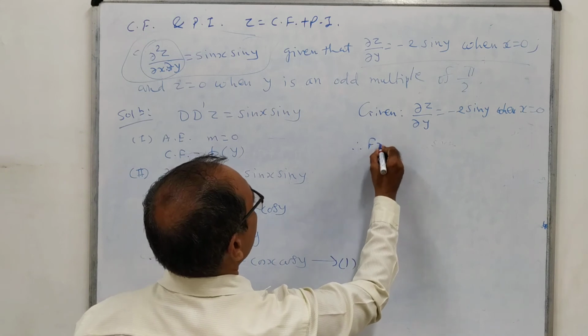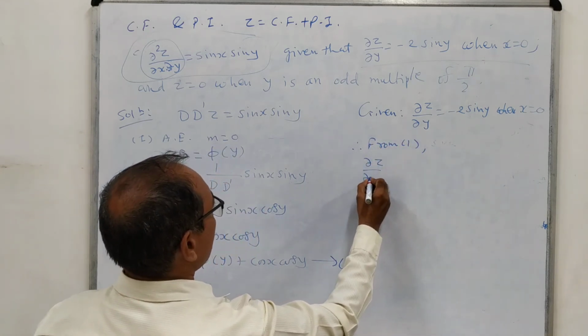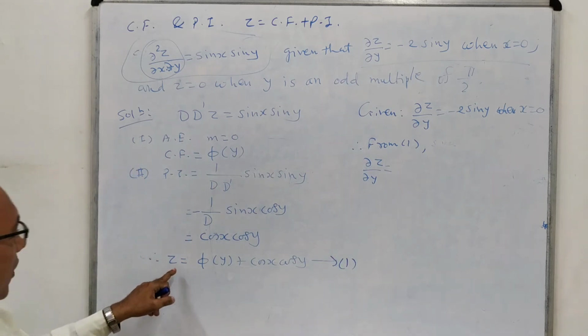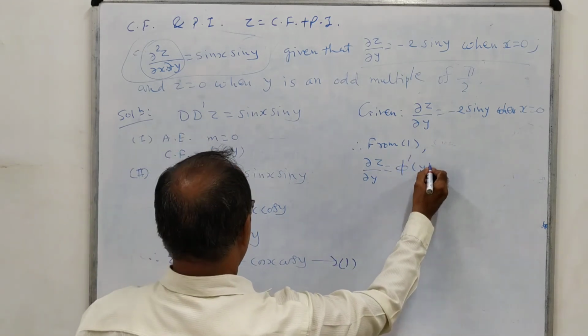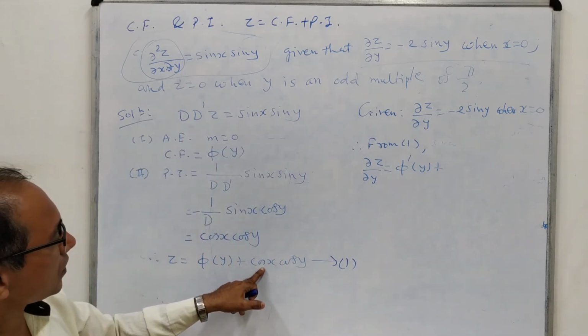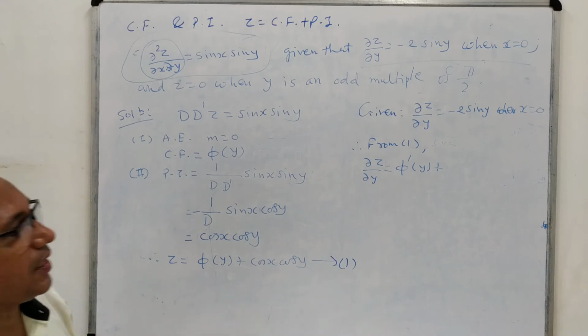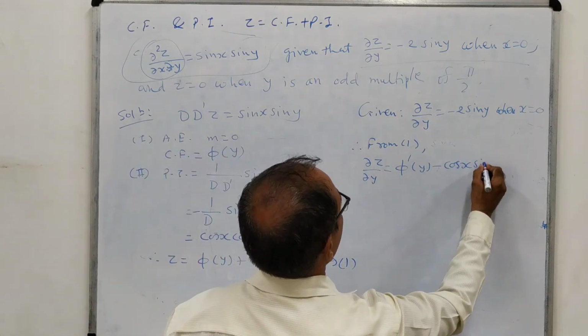Therefore from 1, what do we have? Del z by del y, the derivative with respect to y, that means phi dash y, plus here derivative with respect to y, so cos x is constant and derivative of cos y is minus sin y, so minus cos x into sin y.